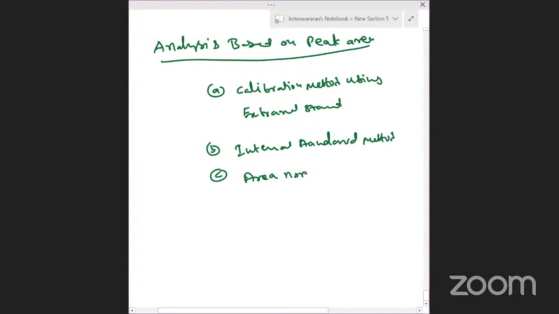Area normalization method. When you come to the first one, calibration using external standard.